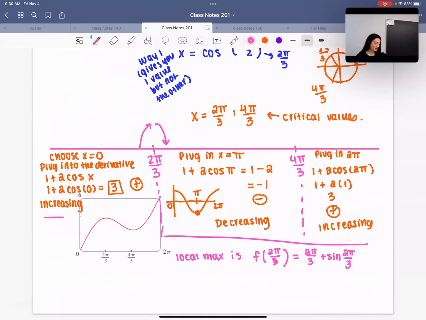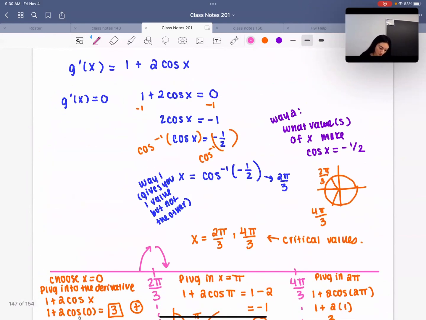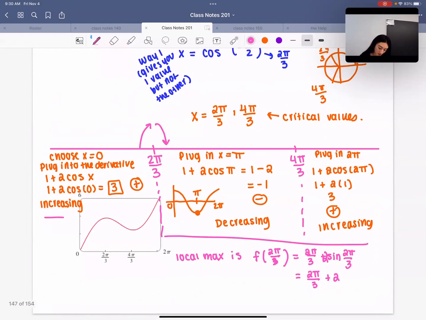Okay, now you probably don't want to do this. What's sine of 2 pi over 3? Oh, it's 2, right? Yeah. What's sine of 2 pi over 3? Thinking hard. √3/2. √3/2, good.